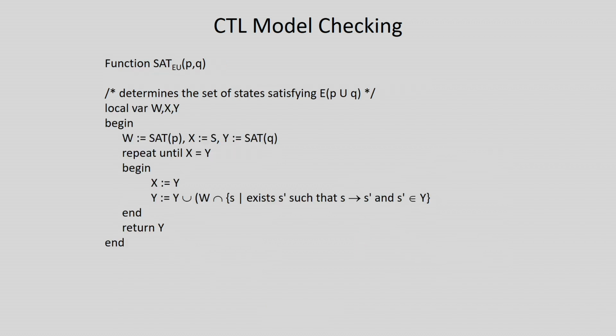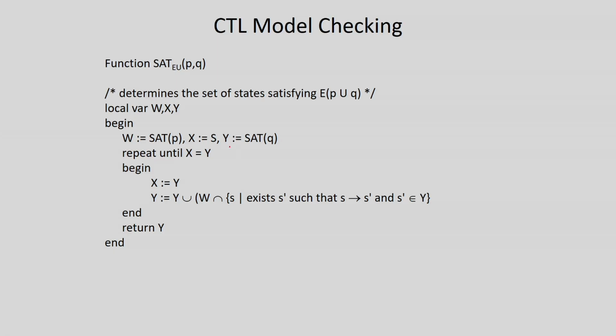X is initialized to the entire state space, because the set of states will shrink or grow up to that level if the formula is true in all the states. And what is Y? It is nothing but the set of states where Q is true. Now we get Y, the set of states where Q is true, and we know that wherever Q is true, in those particular states E[P until Q] is true.